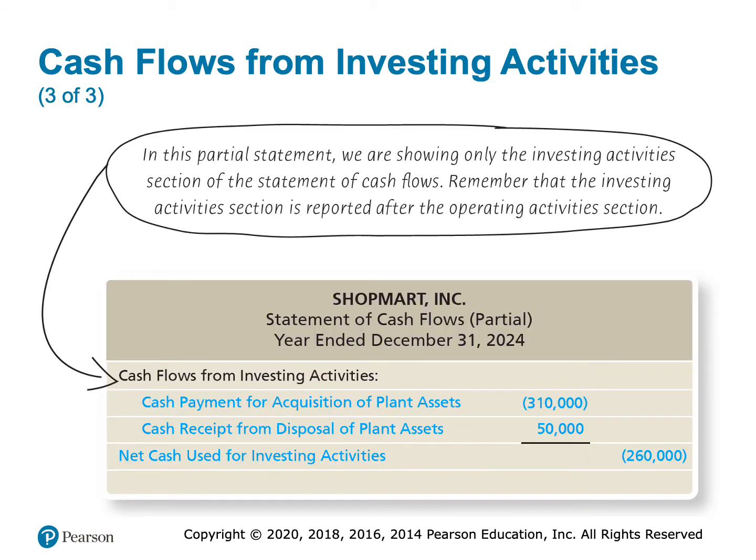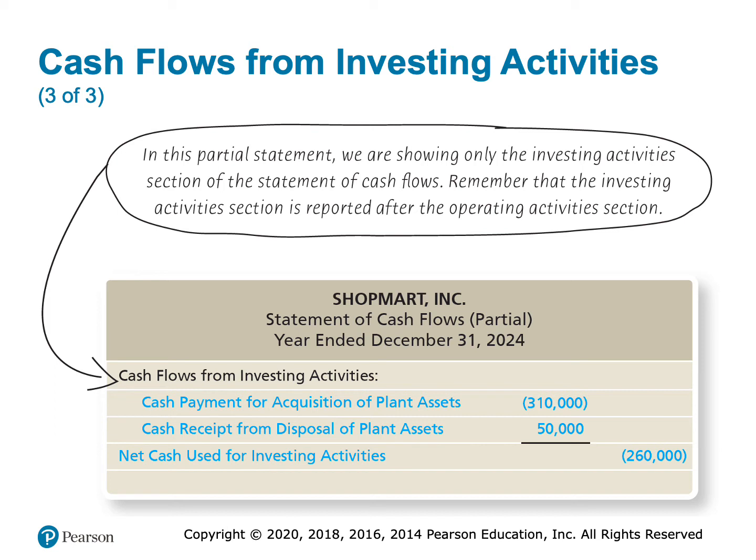So to do the investing section, it's pretty easy. I know that I paid cash of $310, so I'm going to list cash at $310 and put it in parentheses to subtract it. And then I sold assets for $50, so that's a positive $50,000 because that's $50,000 of cash that I received. So we don't have to do any of this chart or anything like that.